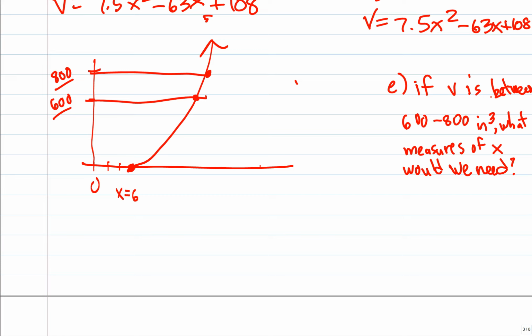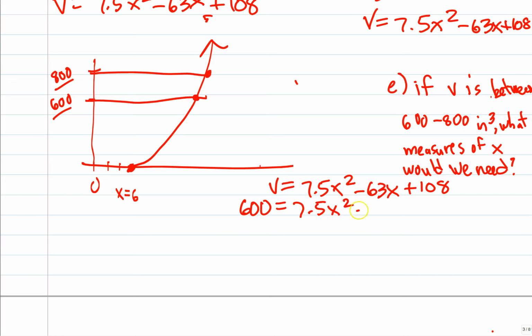So what we're going to do is take each of these equations. V is equal to 7.5 x squared minus 63x plus 108, and say what if the volume were 600. 600 is equal to 7.5 x squared minus 63x plus 108. Well, how do we want to solve this?